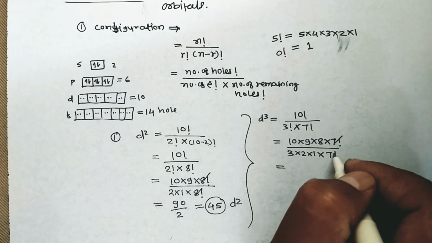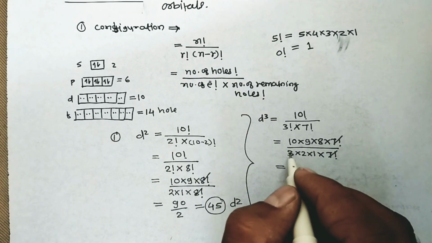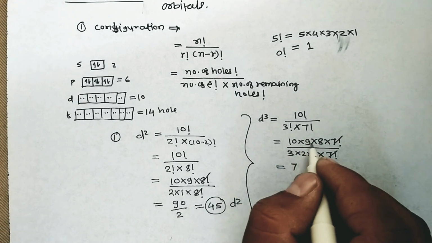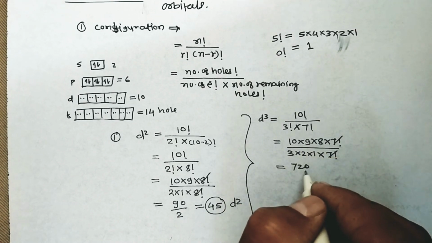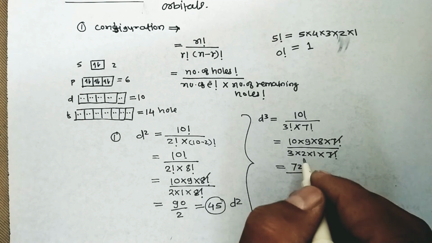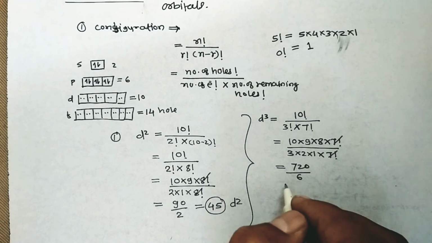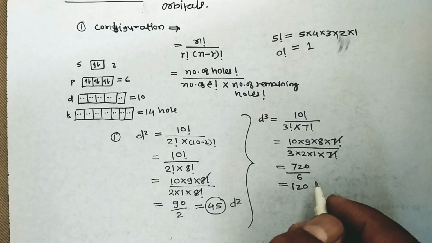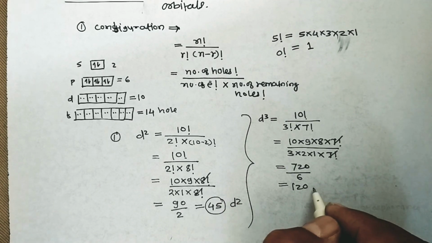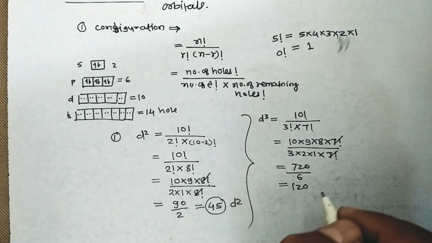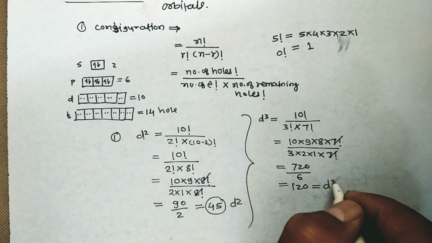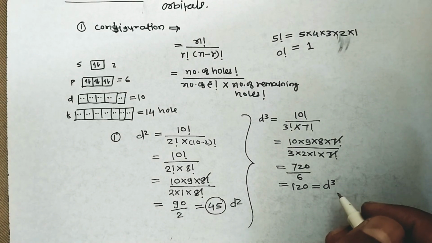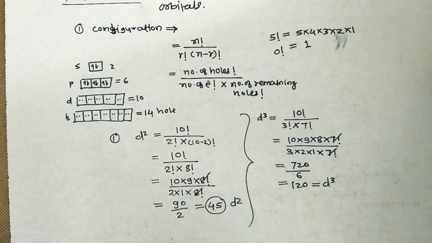The 7 factorials will be cancelled, so remaining is 10 into 9, 90, into 8, 720, upon 3 into 2 into 1, that is 6, so 120. So 120 will be the number of microstates for d3 configuration. Similarly for any configuration you can determine the number of microstates.